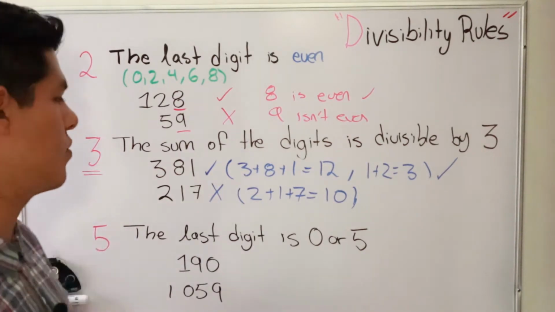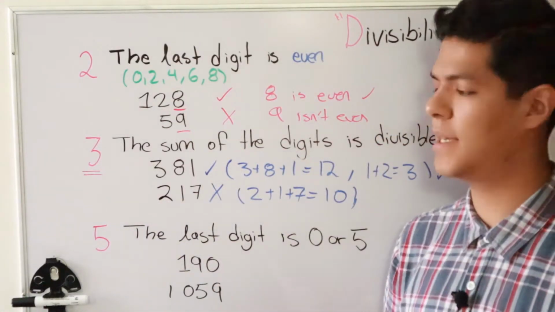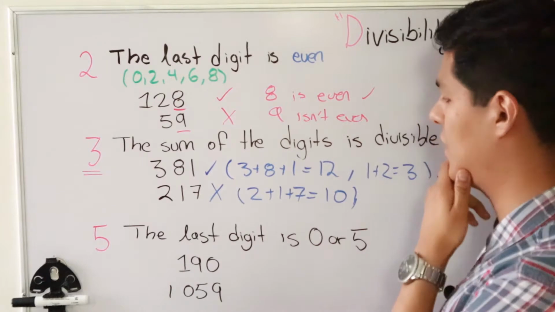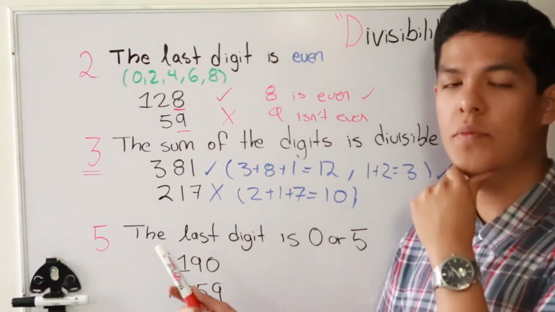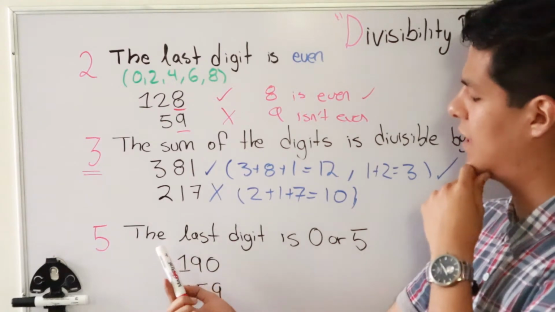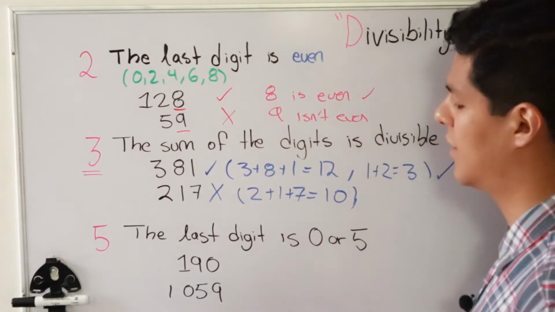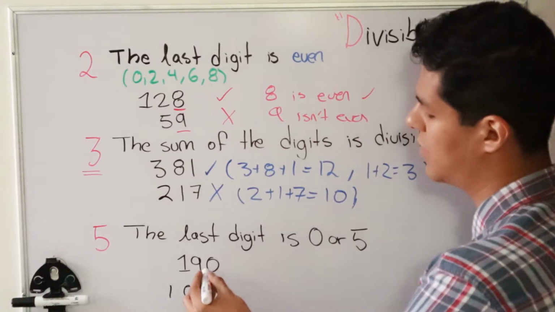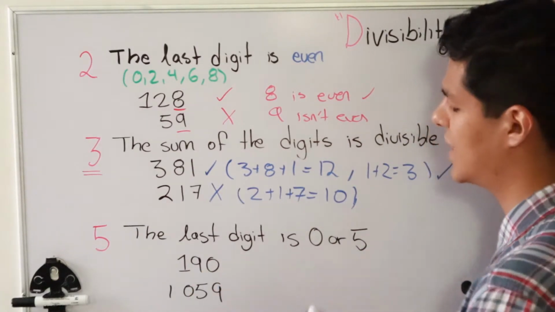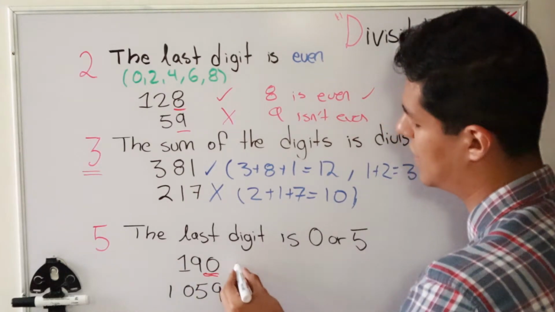The next rule is for the number 5. A number is divisible by 5 if the last digit is 0 or 5. So 190 is divisible by 5 because the last digit is 0.